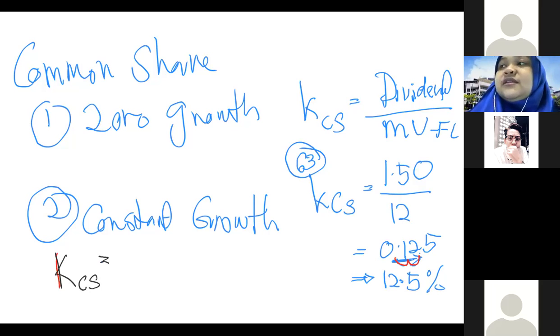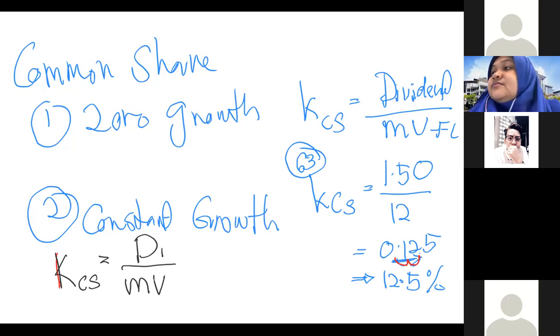It is dividend at year one, meaning the next year's dividend, divided by market value, plus growth. If there is any flotation cost, you need to deduct it from the market value. If there is no flotation cost, just divide by market value.